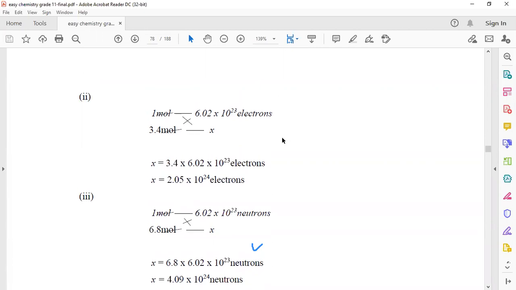So basically that is how we determine the number of elementary entities using the number of moles, or finding the number of moles using the elementary entities. So what is important is take note of the relationship, know the Avogadro's constant, and then use it to find the number of moles.